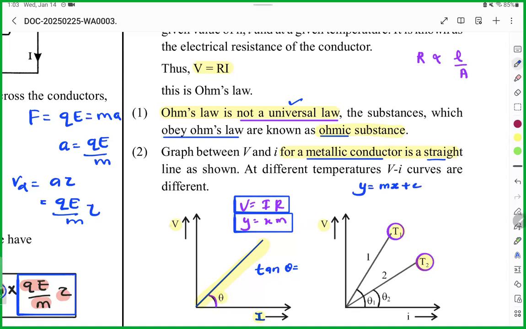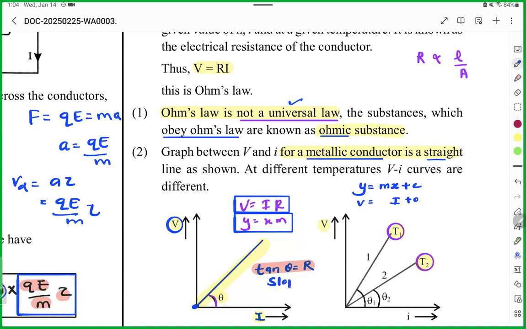So instead of the y-axis you have V, instead of the x-axis you have I. It is starting from 0, so c value is 0. So Barinder, what will be m value? R. So tan theta will give you R. Slope will give you R value.